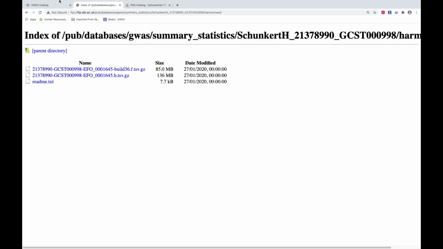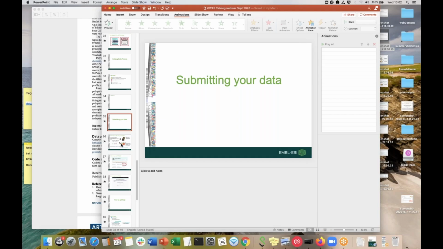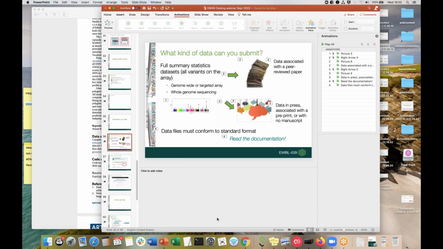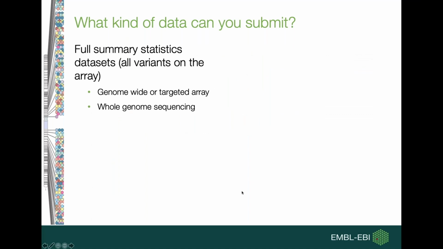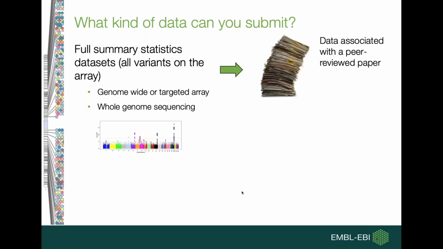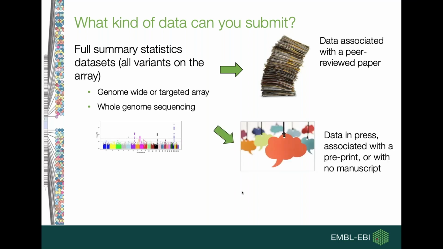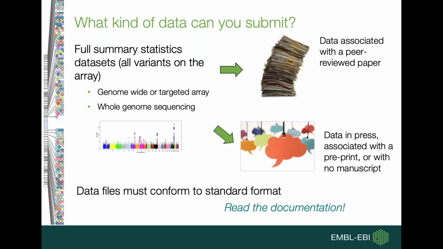Okay, so I'm going to switch back to my presentation. So you can submit your data to the catalogue. We accept data associated with peer-reviewed papers. We accept unpublished data, so data that's in press or associated with a preprint or with no manuscript.